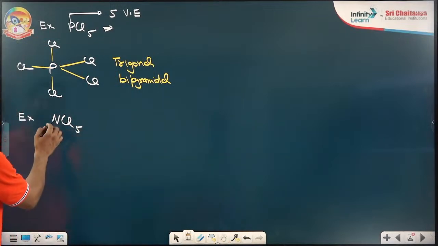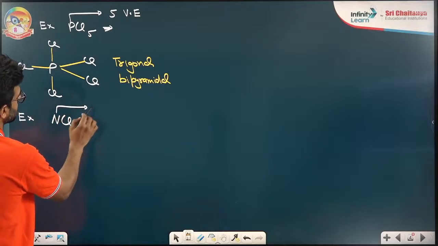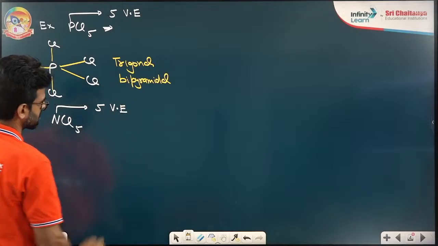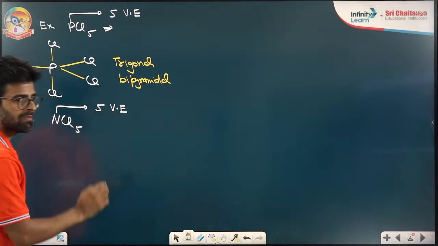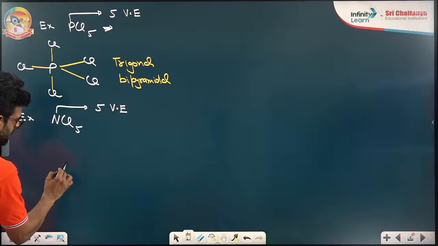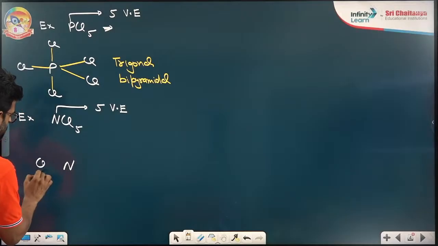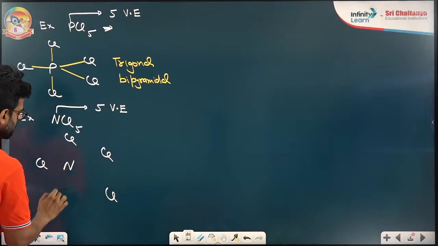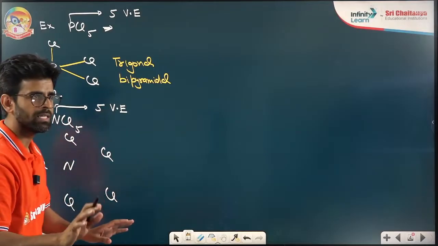Just for your help, nitrogen has 5 valence electrons, right? If I put nitrogen here, I am putting chlorine here, chlorine here, chlorine here, 5 chlorine.